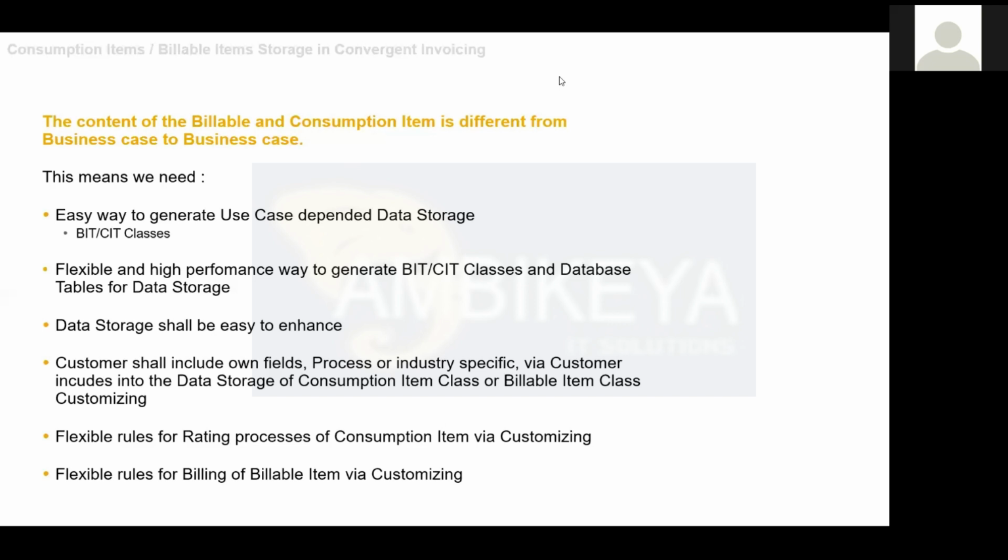We have a separate training, which is on 1909, for the subscription order management. We have a separate training for the convergent charging, which is updated at the moment and will be delivered at the end of the year. We have a separate training for the convergent invoicing topics, where you learn how to customize, for example, BIT and SIT classes.